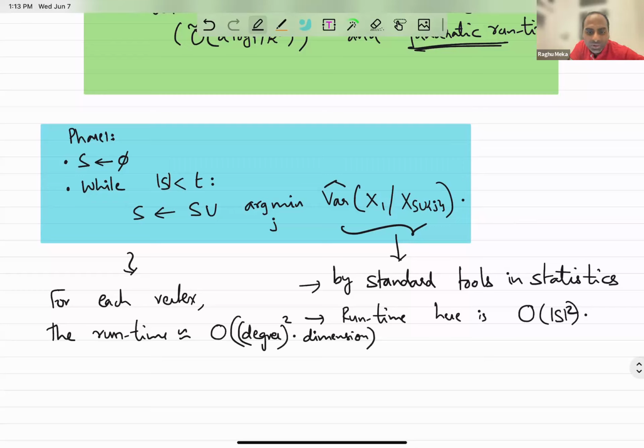So the total runtime, since you do this in parallel for all of the vertices, becomes quadratic in the number of vertices. We think of degree as being a small number, so the main emphasis is on the dimension dependence.